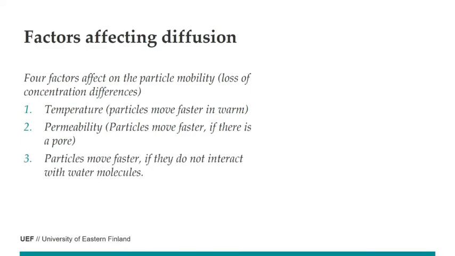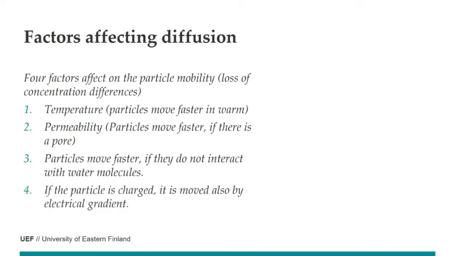Then they are moving faster if they don't interact so much with the water molecules. This is a little bit funny, because when we have particles dissolved in the water, actually they are all the time interacting with water. And the more water there is around these particles, the slower they move.